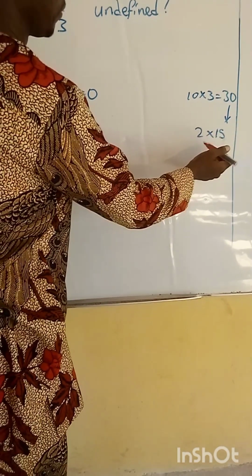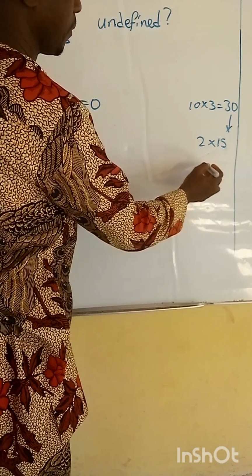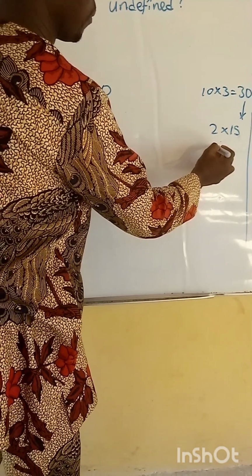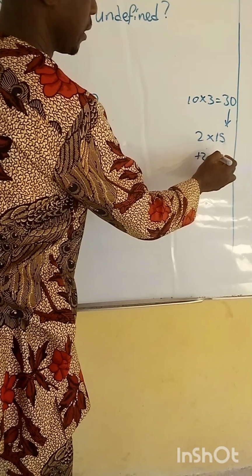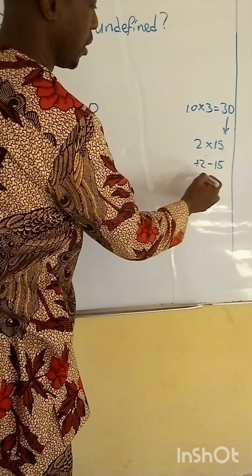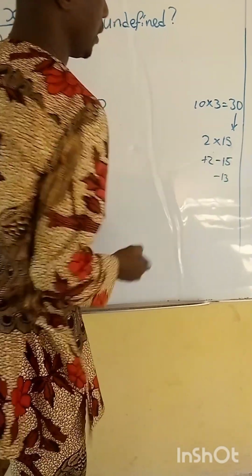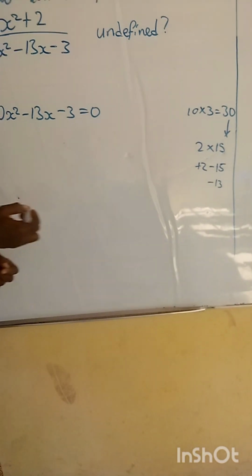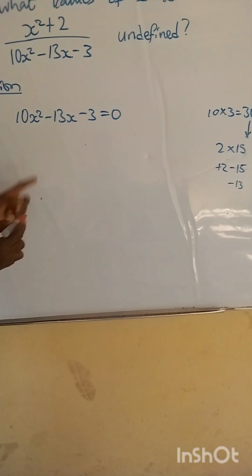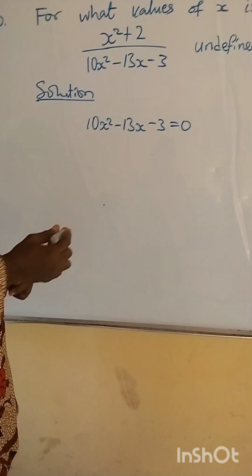So 2 times 15 gives us 30, plus 2 minus 15 gives us minus 13. So 2 and 15 become the correct factors that could help us out here.